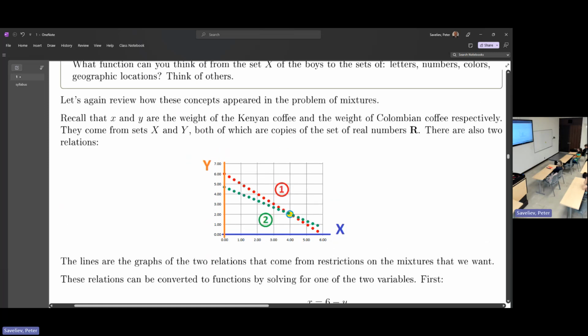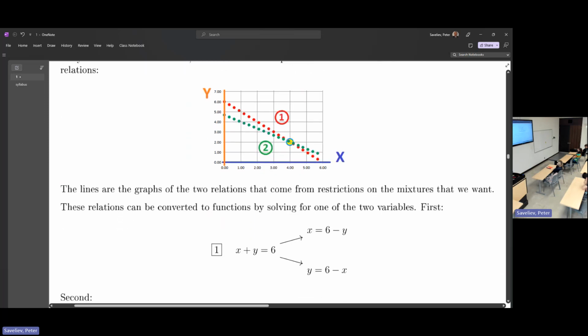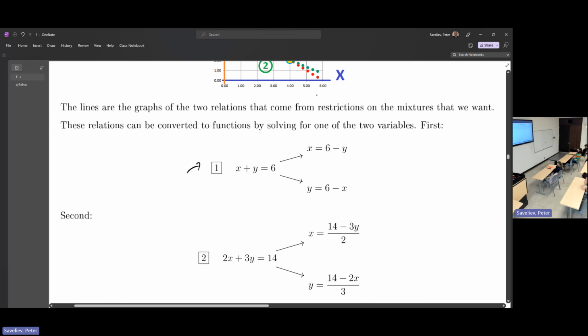Okay, so let's take a look at the original problem of mixtures and see where the functions are. There are no functions to begin with. Actually, they were relations. These are the two relations that we ended up with.